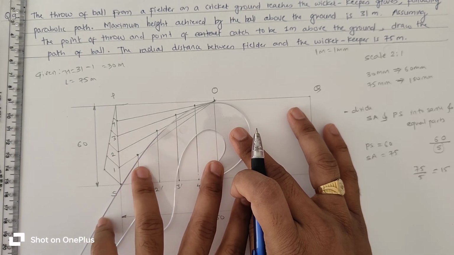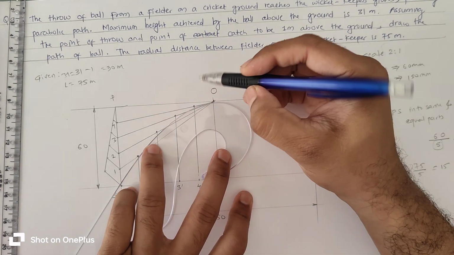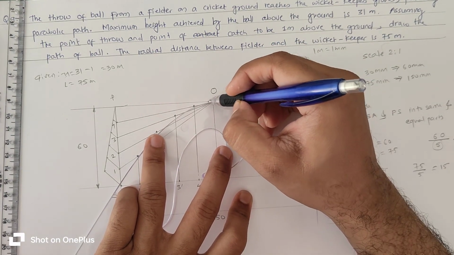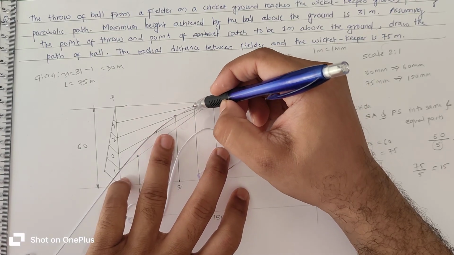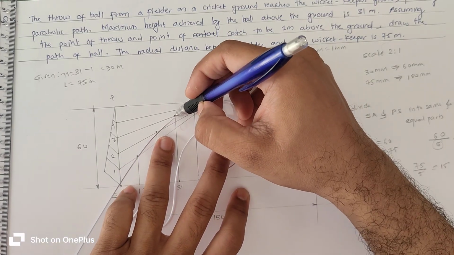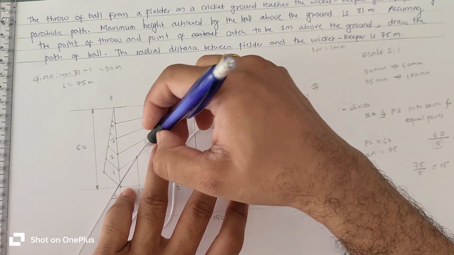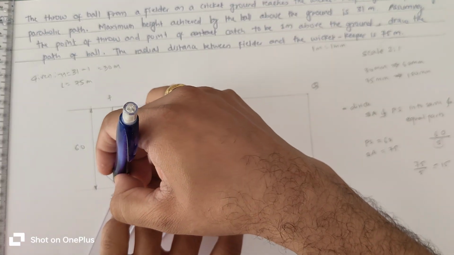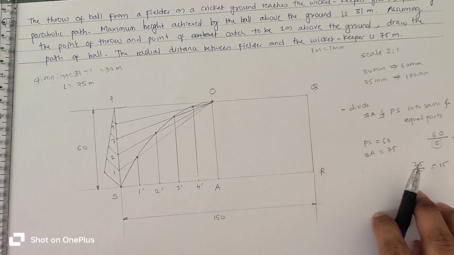Sometimes all points will not be on the scale, so adjust accordingly. So this is a half parabola.